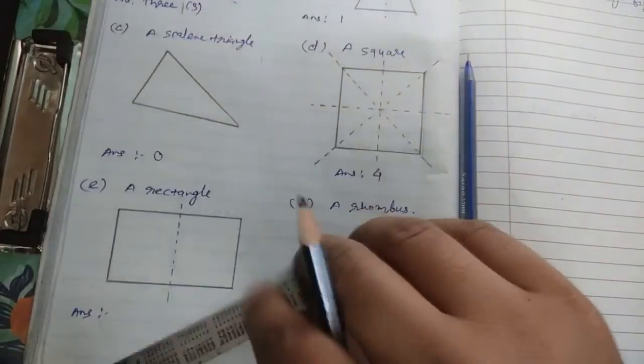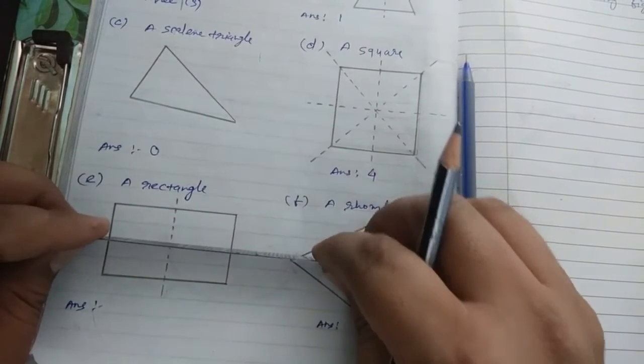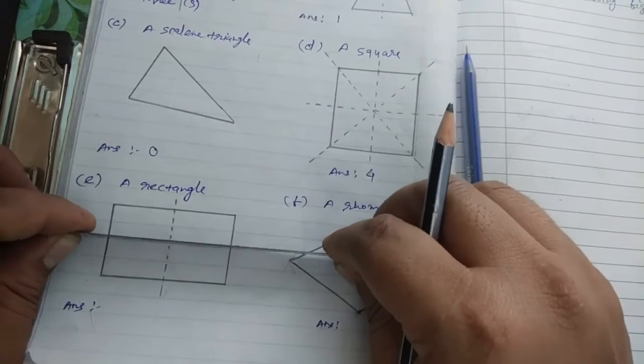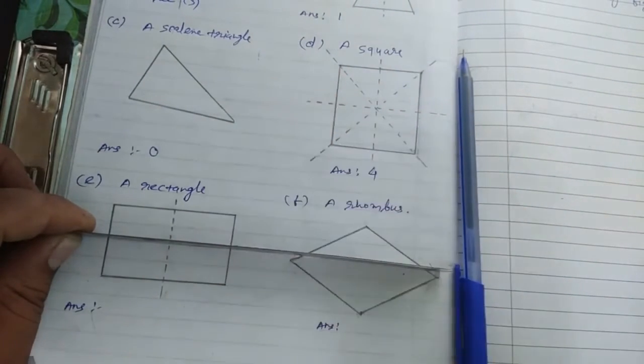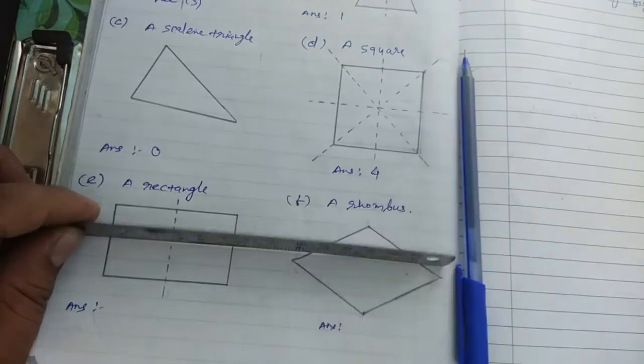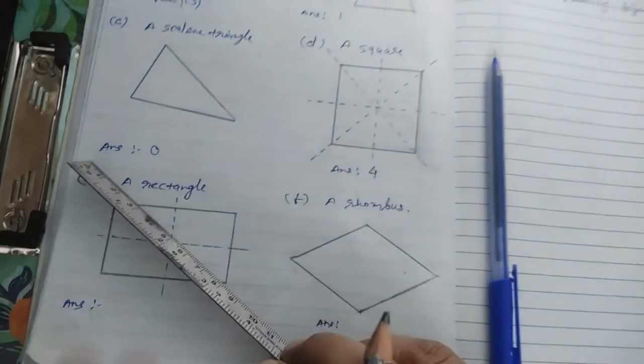Next we will check for a horizontal line. In the same way, we take the middle point of the side and put the scale there, and here also we get a line of symmetry. As we fold these two parts, they will coincide perfectly. Now we will check for a diagonal.